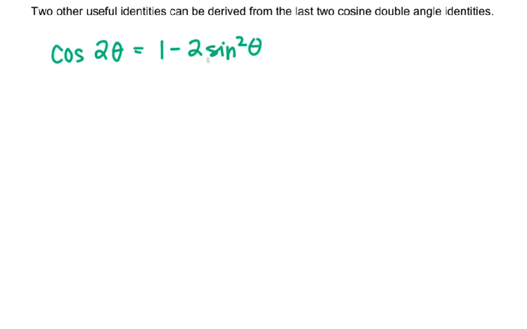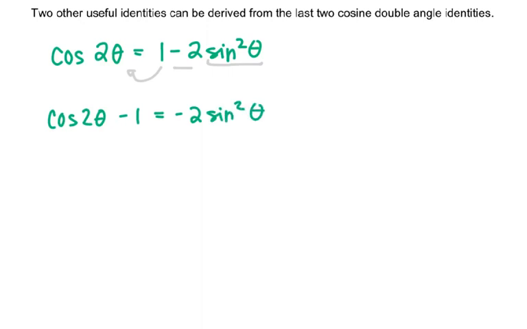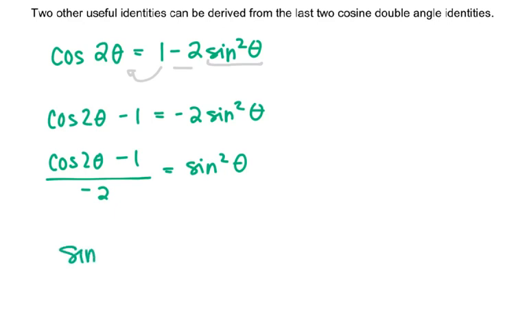Now, if I look to isolate that sine squared, I would subtract 1 and then divide by a negative 2. So this would be cosine 2 theta minus 1 is negative 2 sine squared theta, or cosine 2 theta minus 1 over negative 2 is sine squared theta, or rather we could write sine squared theta is 1 minus cosine of 2 theta over 2.